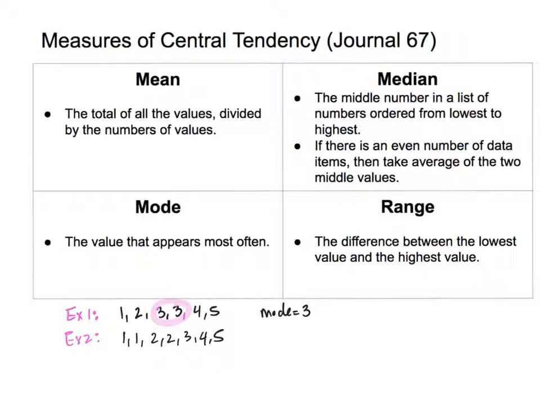So my mode here is 2 and 3. That being said, I just want to tell you guys, you can have more than one mode because sometimes there are 2 or 3 or more numbers that appear the same amount but more than the rest of the group.